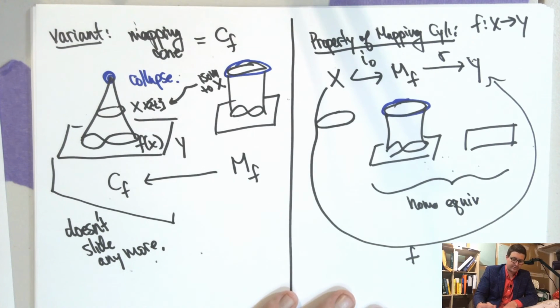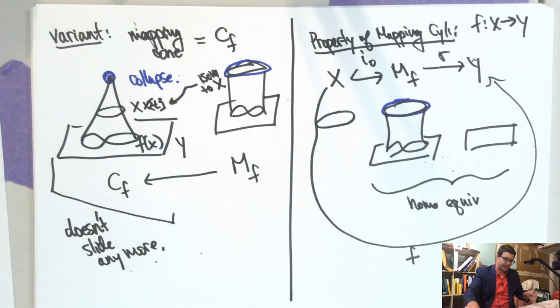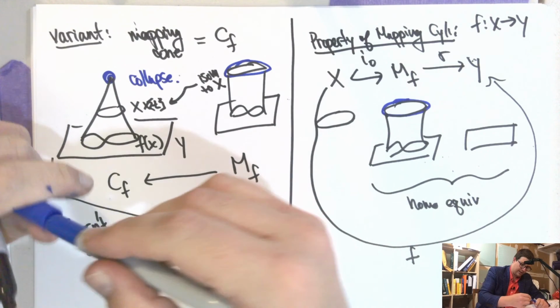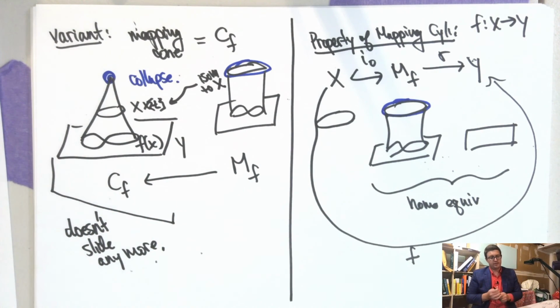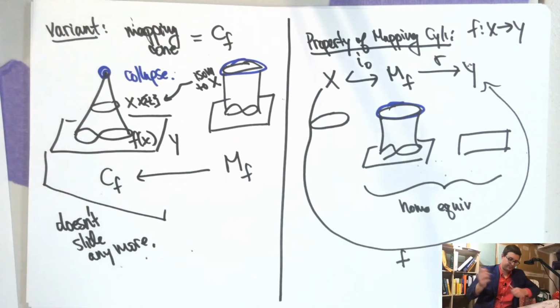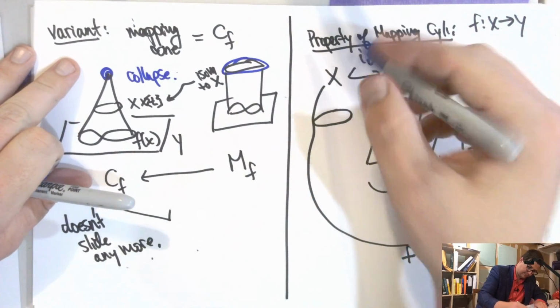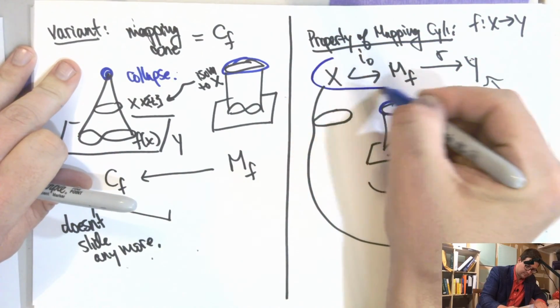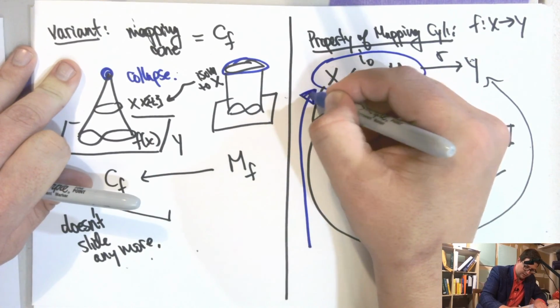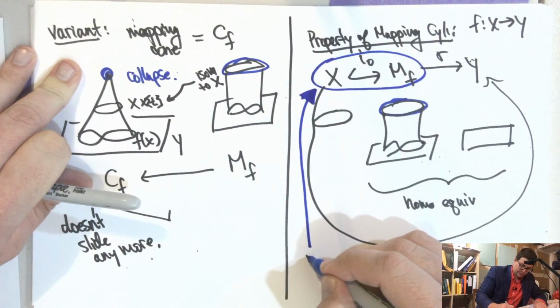It's a deformation retract. And then this map here has a very special property. This map here is what's called a cofibration.